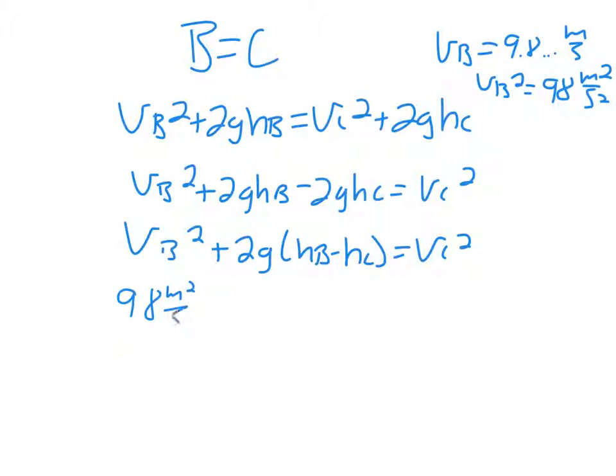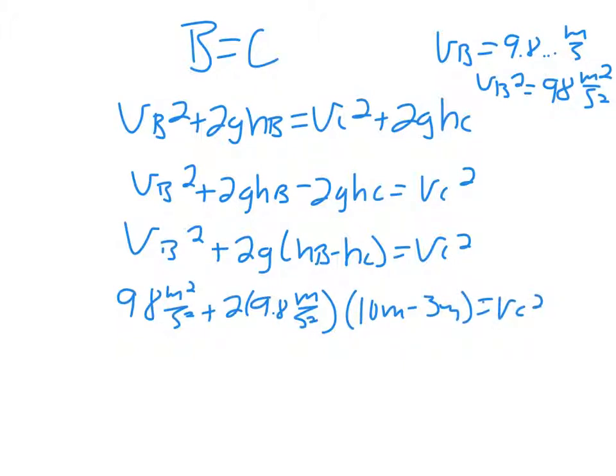98 meters squared per second squared plus 2 times 9.8 meters per second squared times height at B, 10 meters, minus 3 meters equals VC squared. So 98 plus 2 times 9.8 times 7.